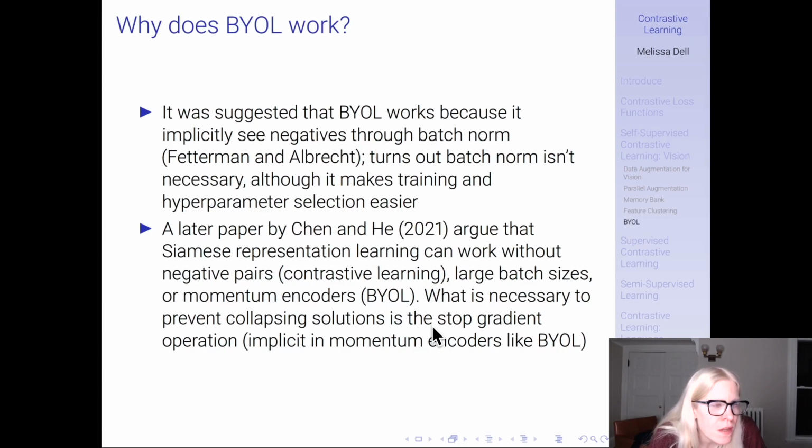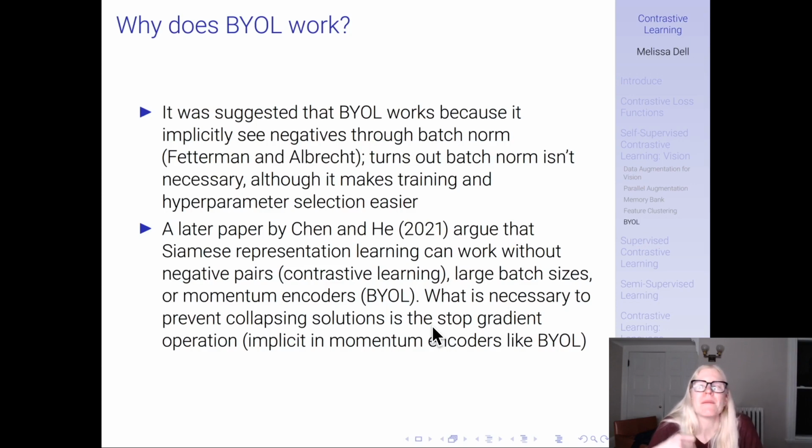And they argue that Siamese representation learning can work without negative pairs, which is contrastive learning. It can work without large batch sizes, or even without a momentum encoder. What's necessary to prevent collapsing solutions is the stop gradient operation, which is implicit in a momentum encoder.